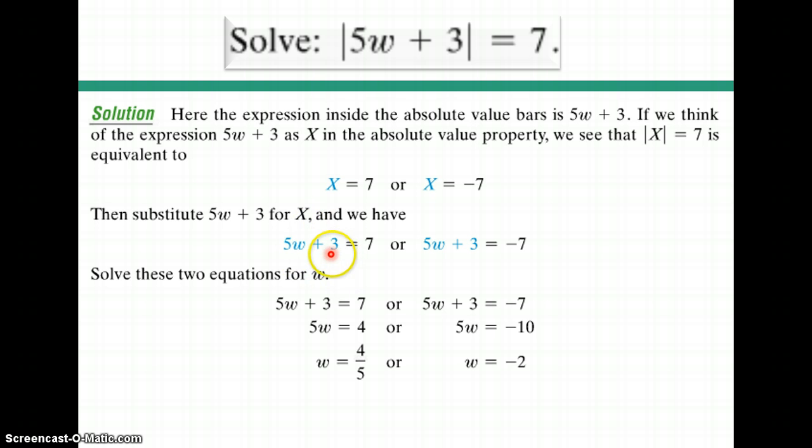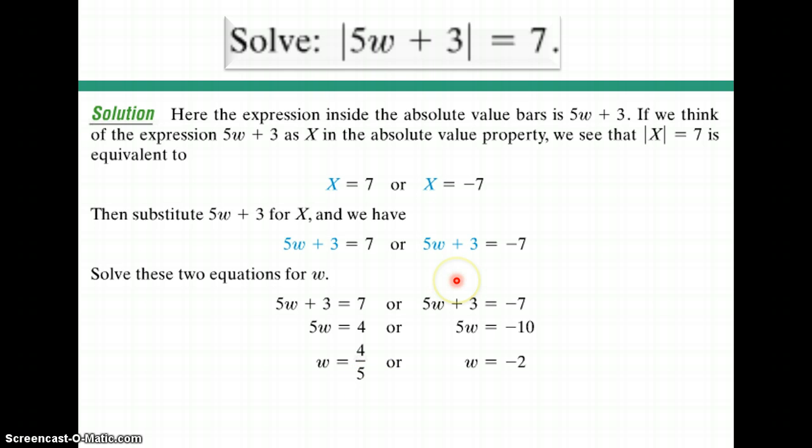Solving 5w plus 3 equal to 7, subtract 3 from both sides, we get 5w equal to 4, divide 5 both sides of the equation, we get w equal to 4 over 5.